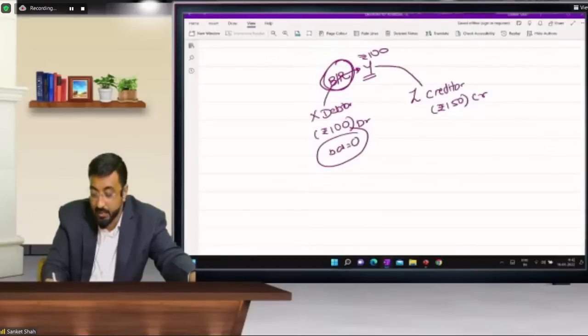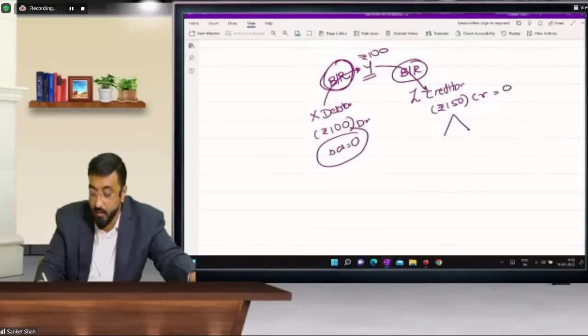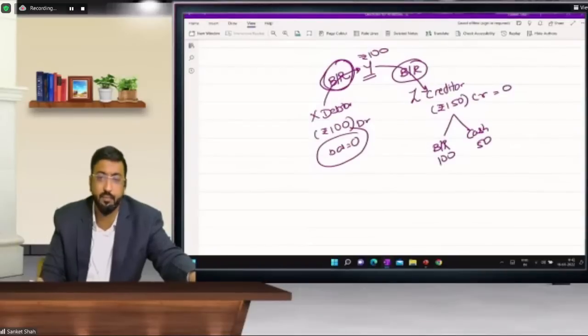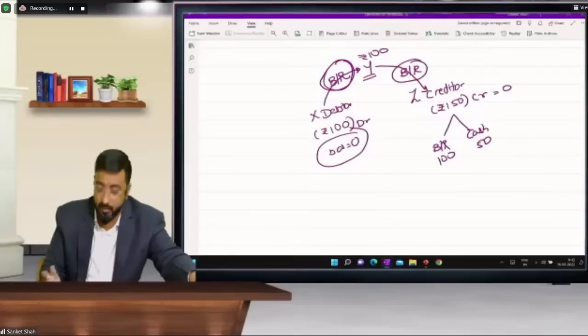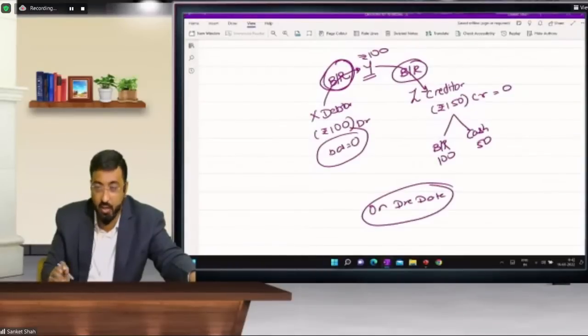And I'm transferring this bill to Z. So now Z balance becomes 0 because bill is of rupees 100 and I paid cash 50 rupees. So on due date, what is due date? Due date means here after 3 months.